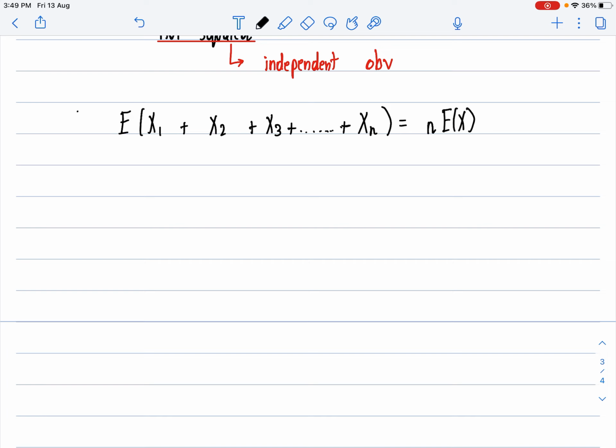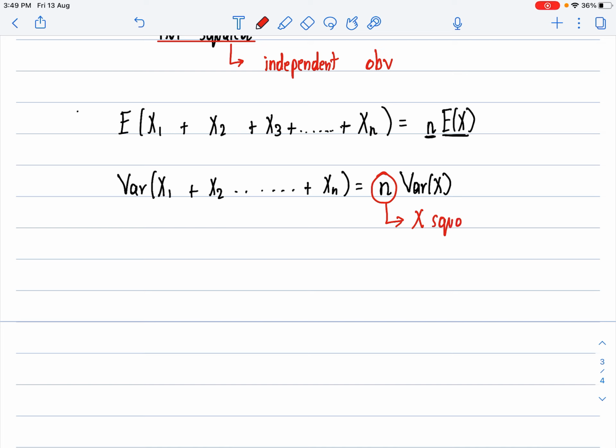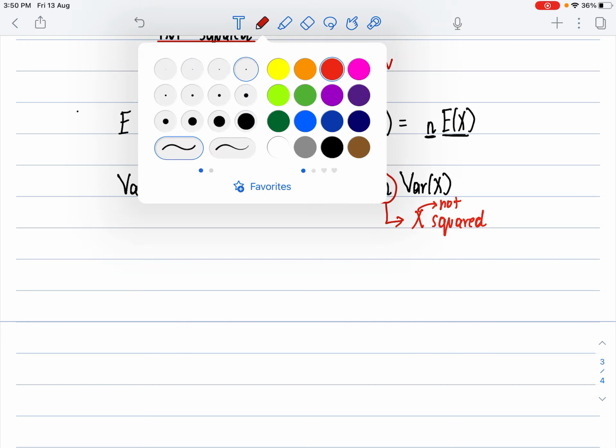The number of observations multiplied by the mean of the variable. In the same way, the variance of x1 plus x2 till xn will also be equal to n into the variance of x, which will be provided in the question. Please note that this n is not squared, because it's independent in nature.